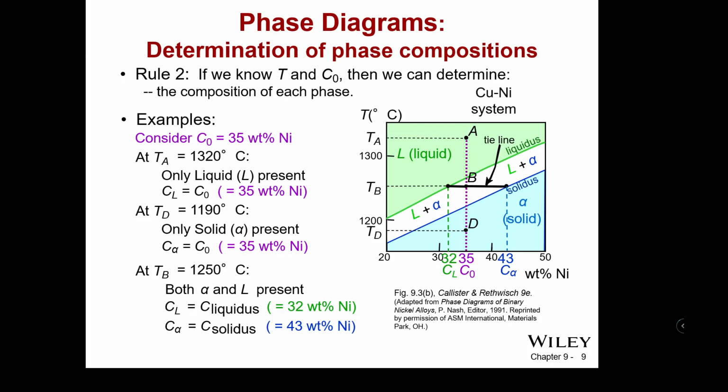So even though our sample only has 35% nickel to begin with, based on the temperature and what composition is liquid versus solid, these tie lines tell us about the composition of each phase and why it is different. So it's okay to go back and rewatch this several times to make sure that you're actually understanding.